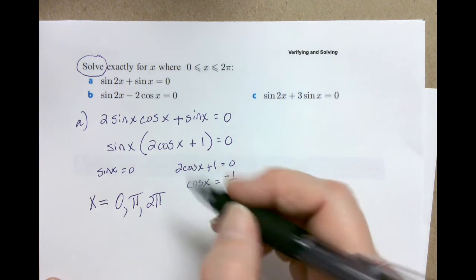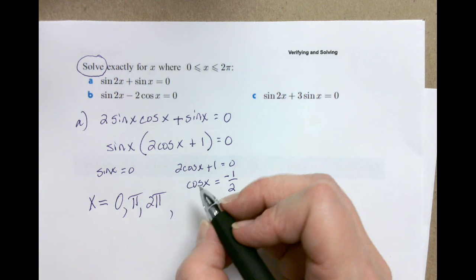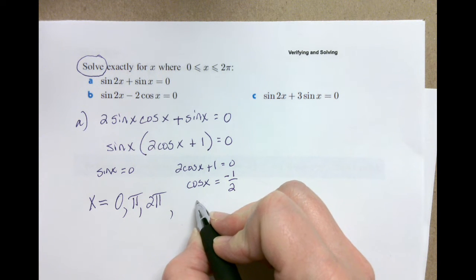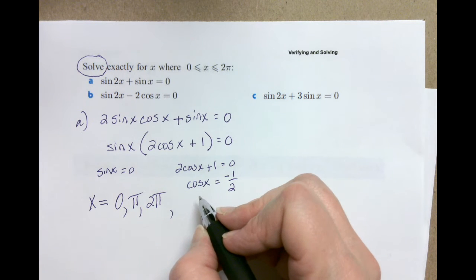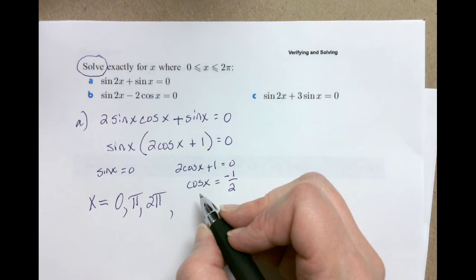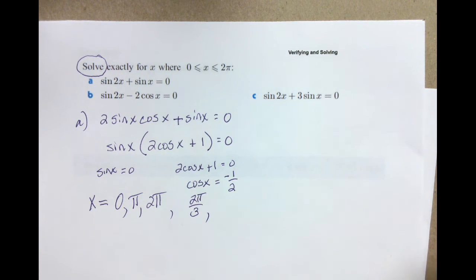And where does the cosine of x equal negative 1 half? 120 degrees, I think. And we probably want it in radians, right? Yeah, you're right. It's 120, but I have a hard time with that. That was 2 pi over 3. Yeah, 2 pi over 3. And 4 pi over 3.